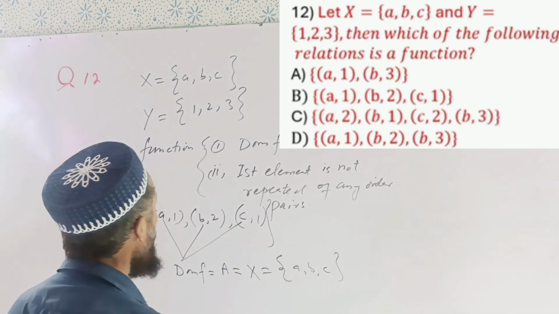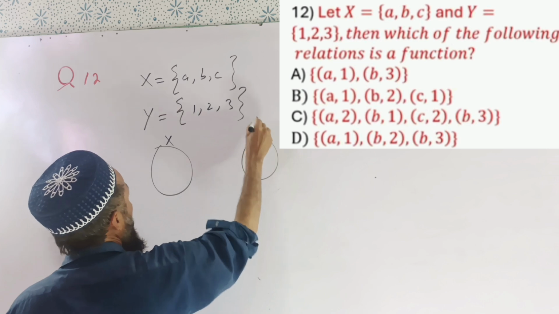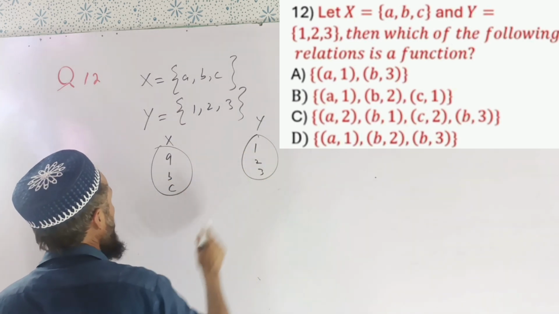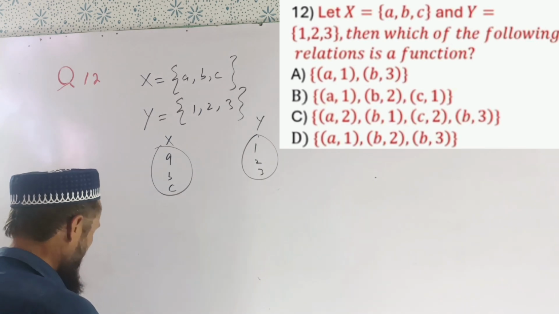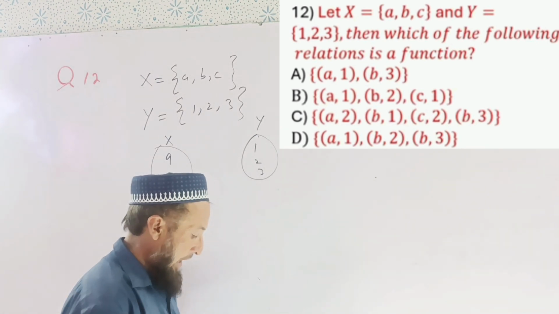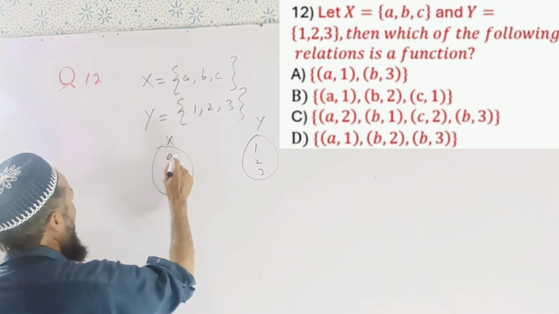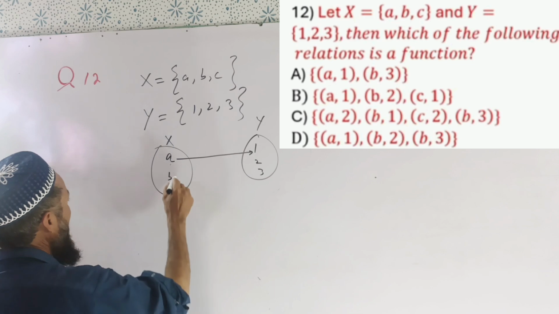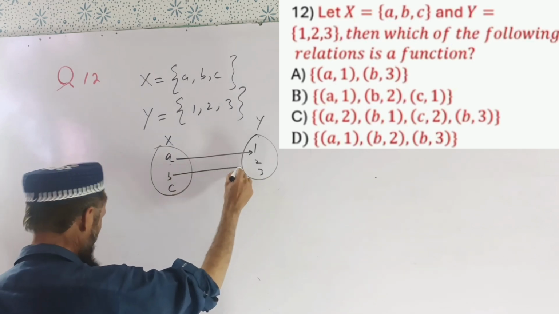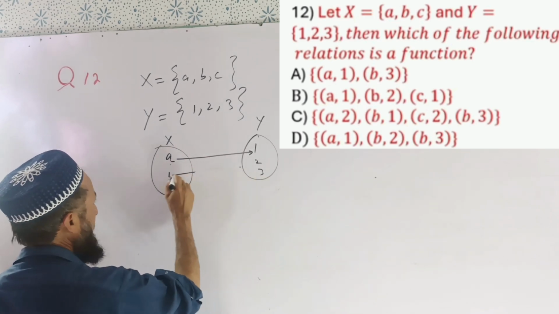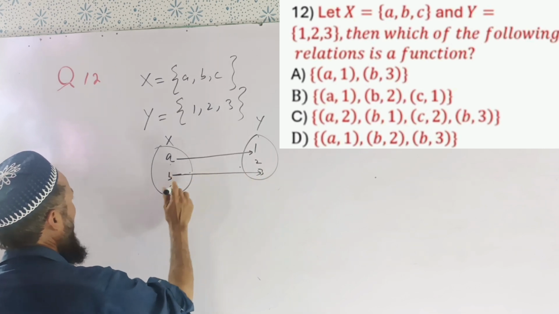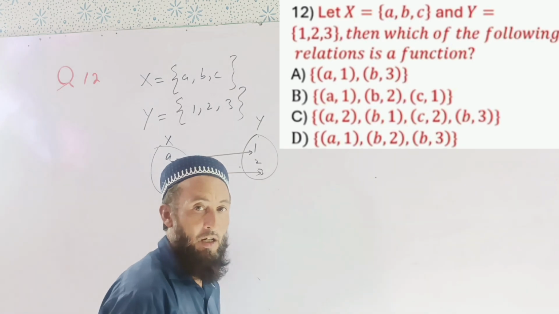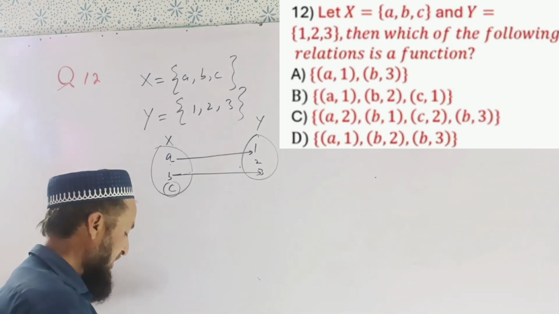If we use Y given as A, B and C and 1, 2, 3, we apply the images in the options here. Option A is A1. The image of A is 1 and the image of B is 3. So look here, in the set X, one element is missing, so this is not a relation, so it is not a function.